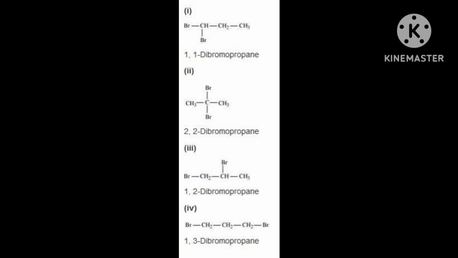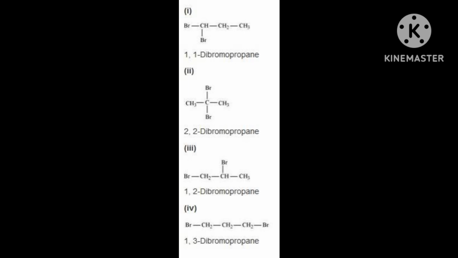Here I told you, a hydrogen is replaced by CH3CHBr. Means CH is attached, that carbon is attached in place of the H of the second carbon of ethylene.